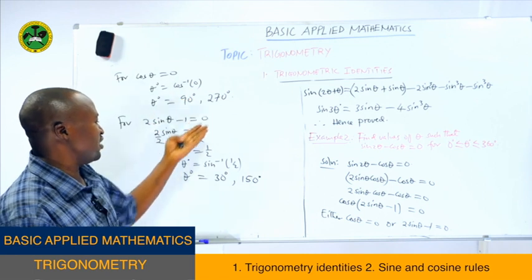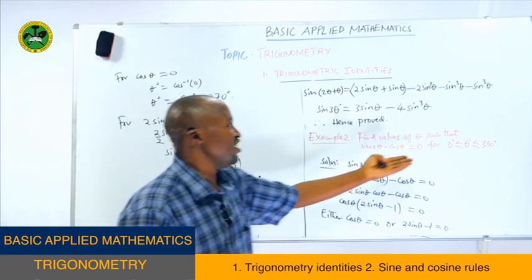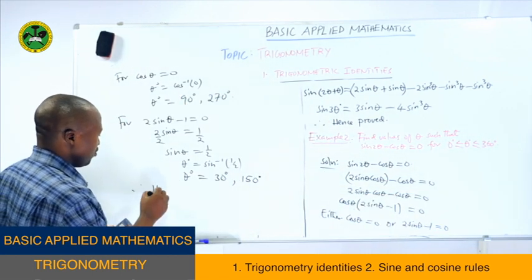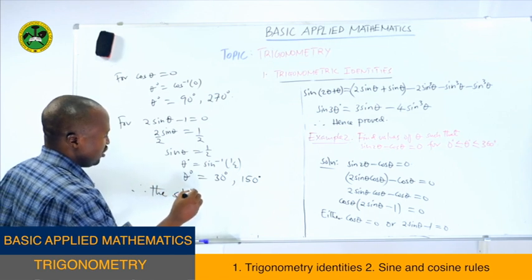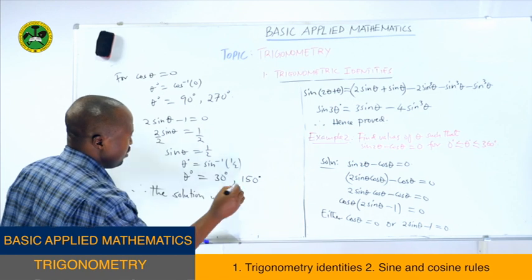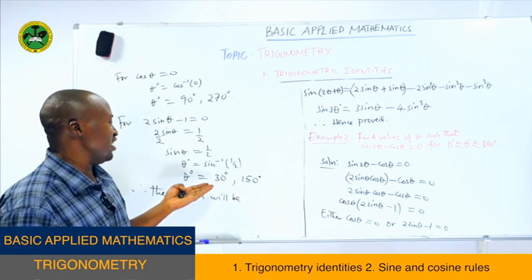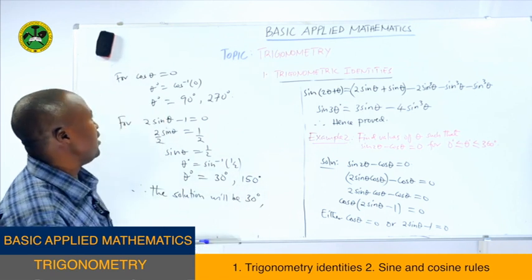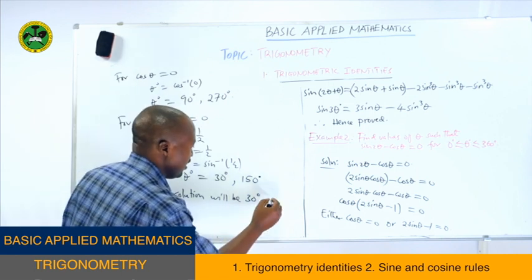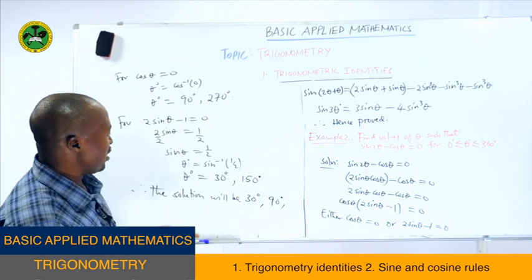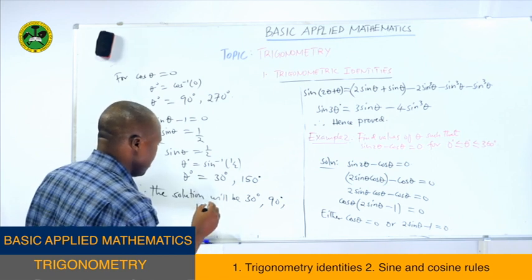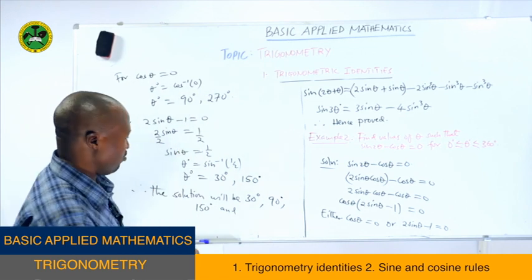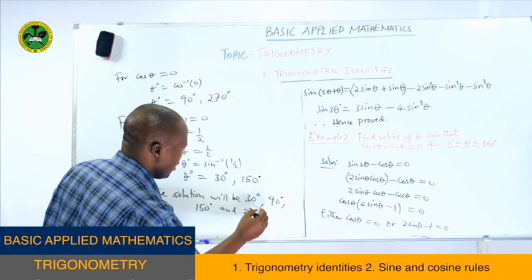Now, these angles are in this range. So therefore, the solution will be, starting with the smallest angle, which is 30, followed by 90, another one, 150, and the last one, 270.